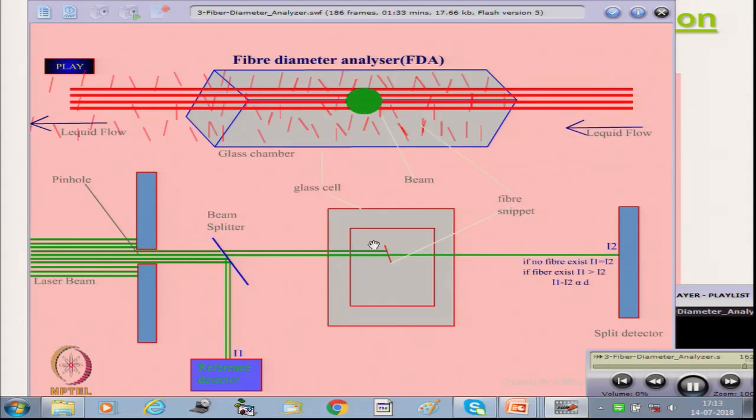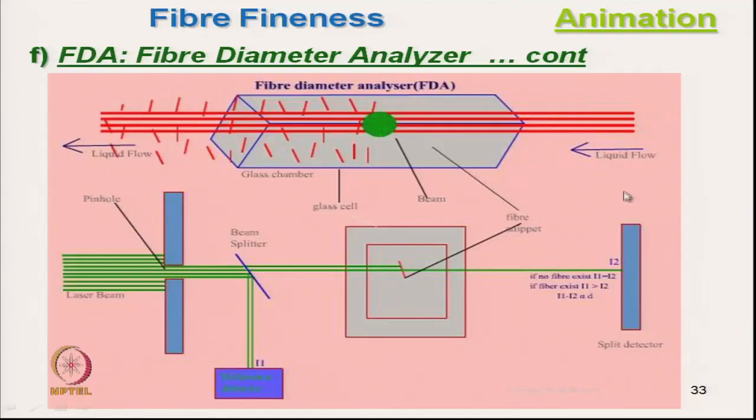Suppose the fiber is moving partially, then the intensity will be different, and the detector will tell that this fiber has not crossed the beam properly. That is how this split detector indicates. This is the principle of measurement of fiber diameter.